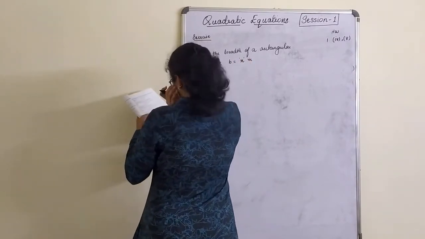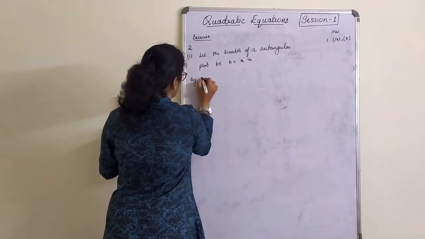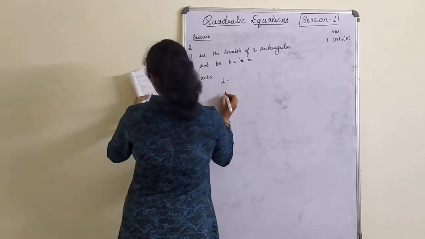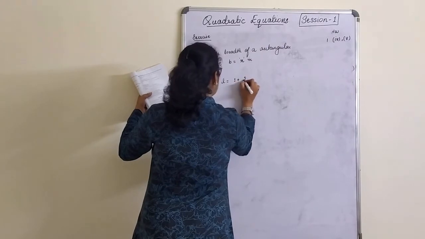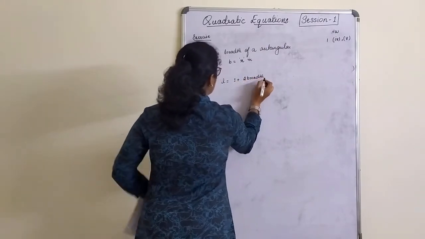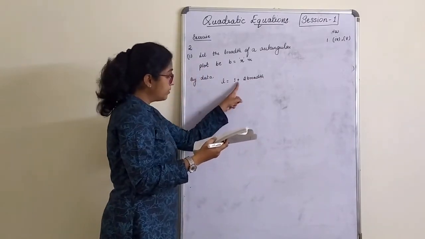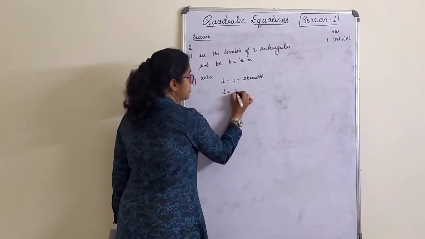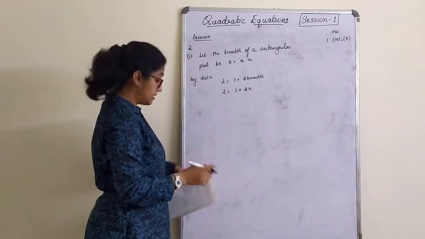According to them, what is given in the data? What is the length? The length of the rectangular plot in meters is 1 more than twice its breadth. So length is written as 1 more than twice its breadth, that is 1 plus 2x.